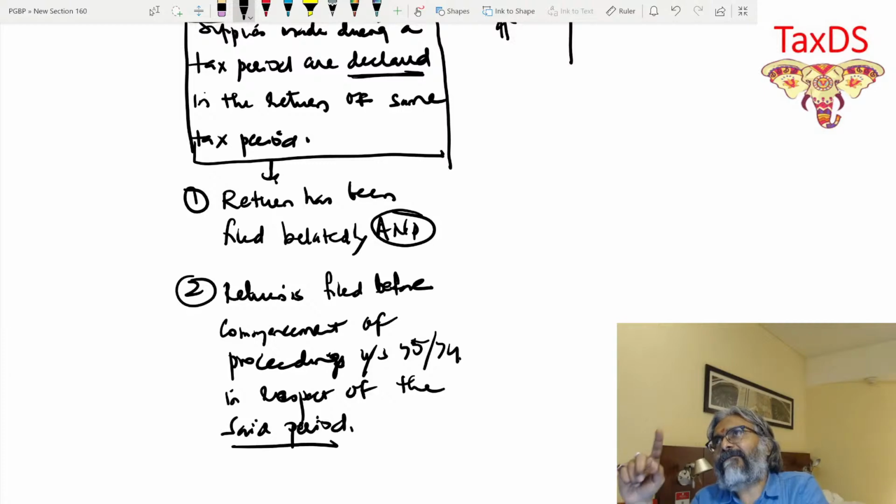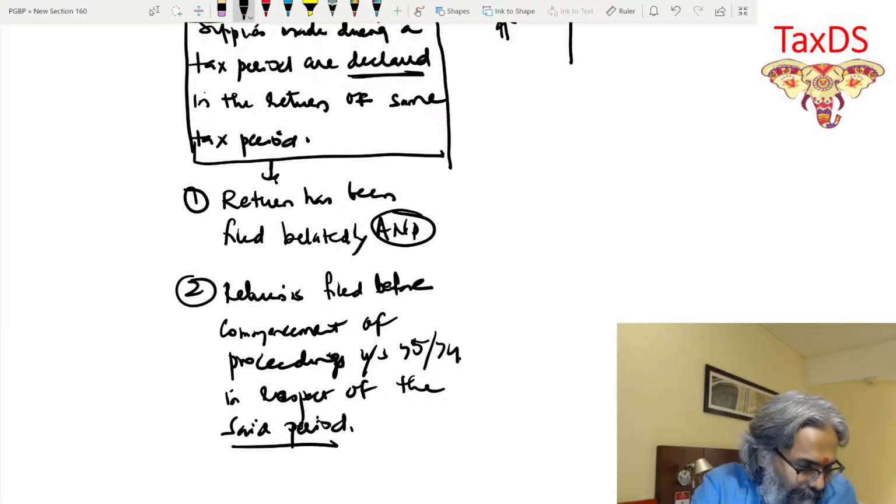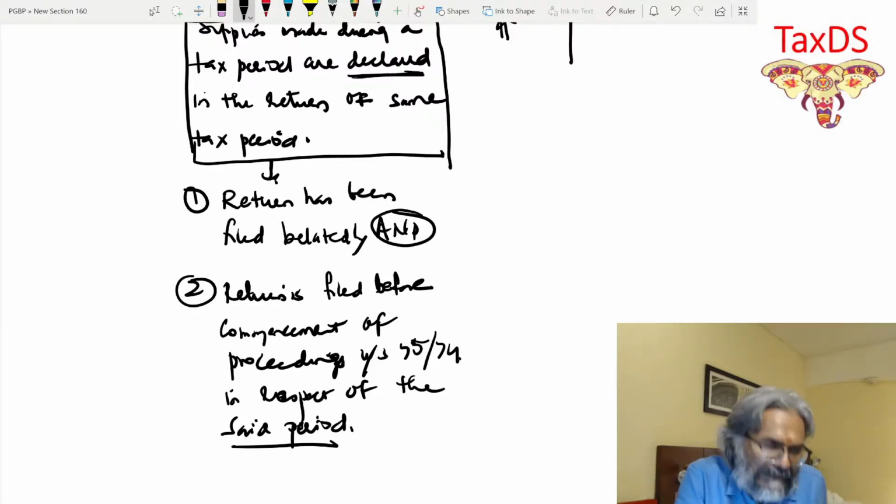Unfortunately, I have not filed the return for that particular period of July. I have not filed by 20th of August. Unfortunately, by the time I now decide to file the return, what has happened?